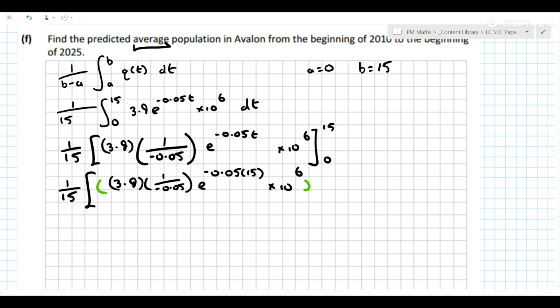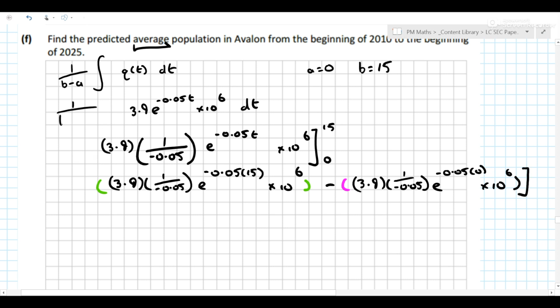And then we're going to subtract what we get if we put in a 0, so again 3.9 by 1 over minus 0.05, e to the minus 0.05 by 0, by 10 to the 6.